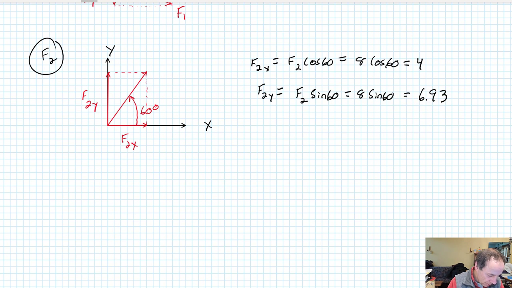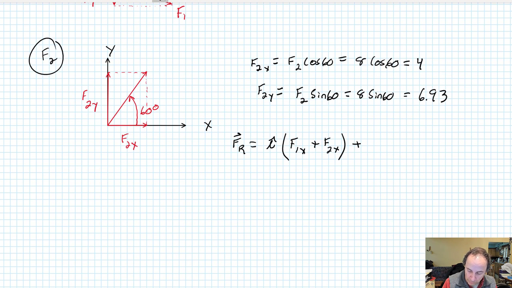So the resultant force is the sum of each of those components. First, we're going to do the i components. In the i direction, I just put the unit vector in front to help me remember which ones to use. So F1 in the x direction plus F2 in the x direction, plus the j unit vector times the component from force 1 in the y direction plus the component from force 2 in the y direction.